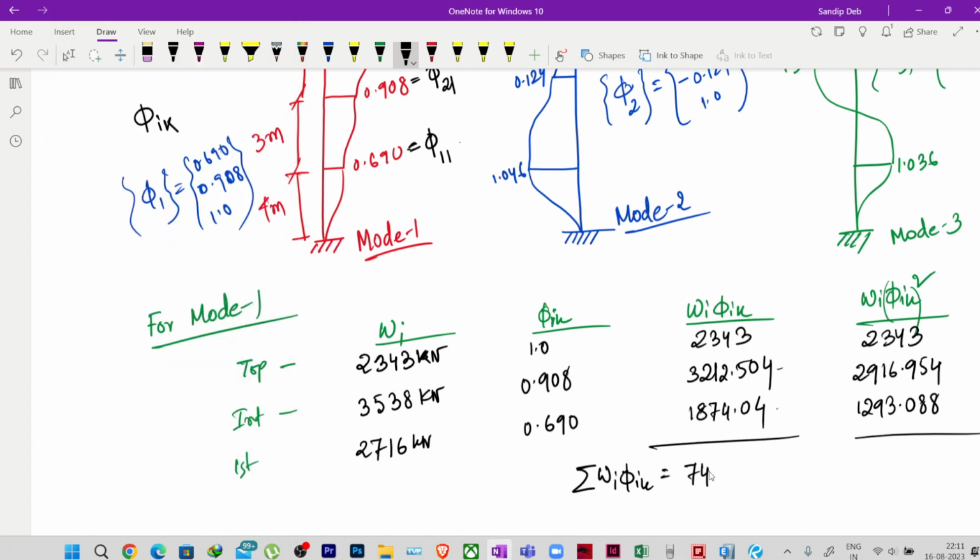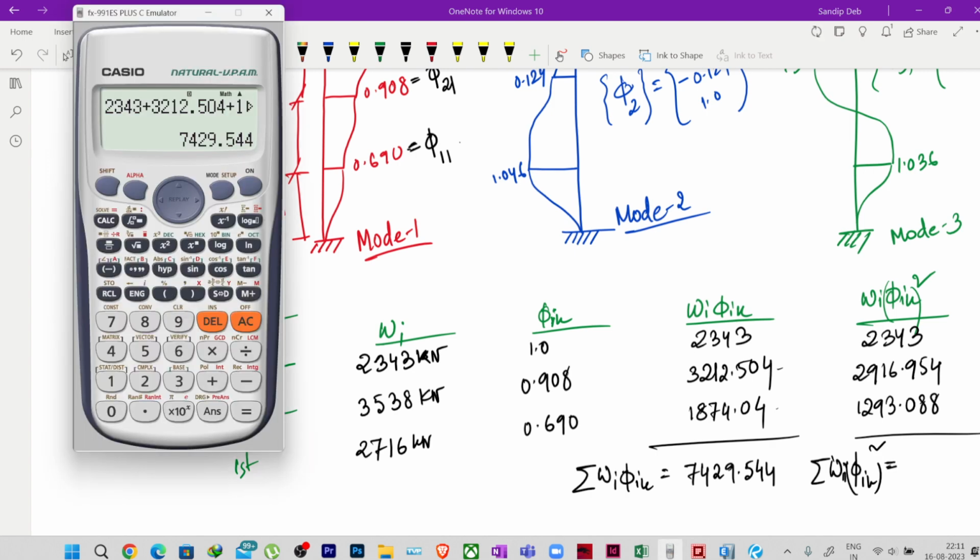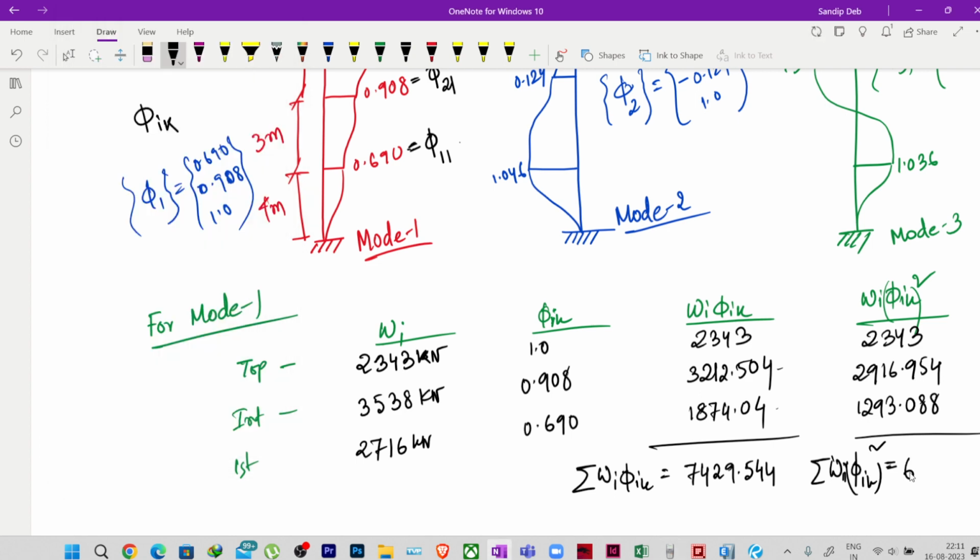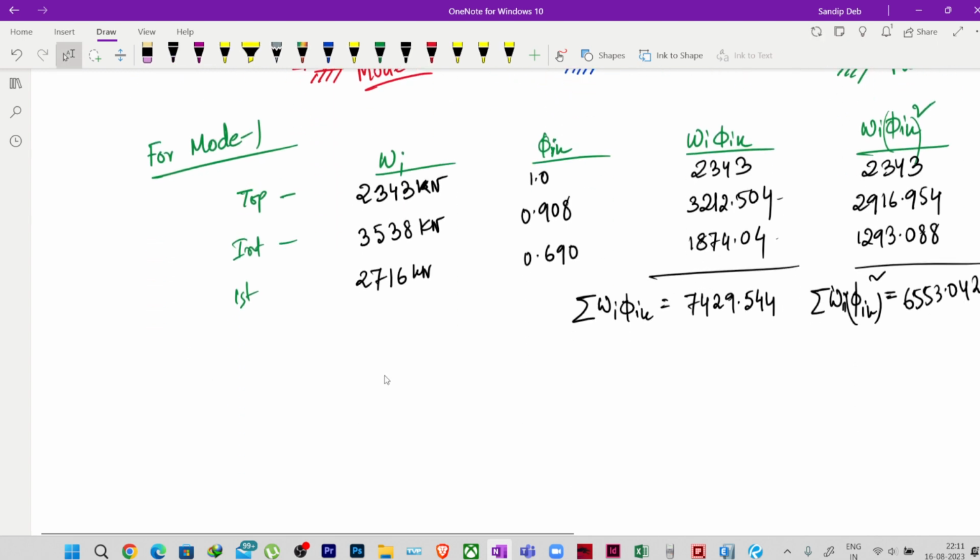And the summation of Wi phi ik square is 2343 plus 2916.954 plus 1293.088, so it is around 6553.042. Correct.